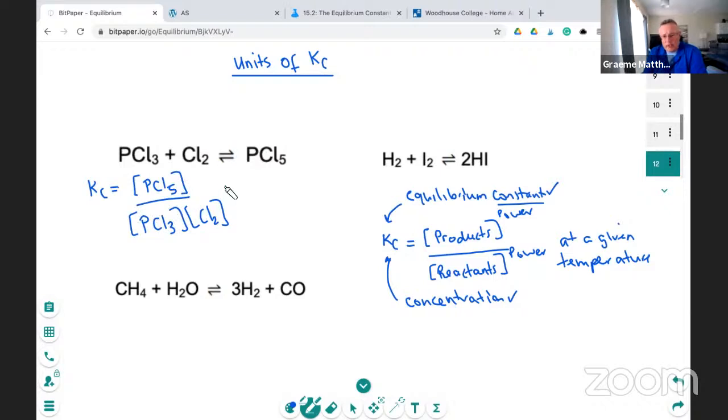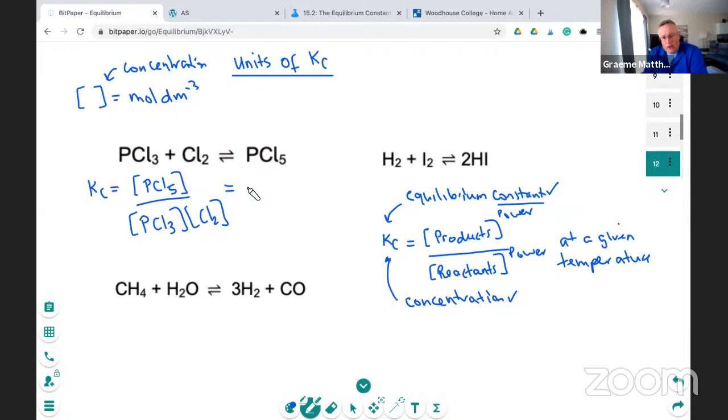Now then, you're thinking, what's the quick way of doing this on the test? All right. Well, the quick way of doing it on the test, chemist, is this. You keep in mind the concentration, square brackets, concentration, is equal to moles per decimeter cubed, right?